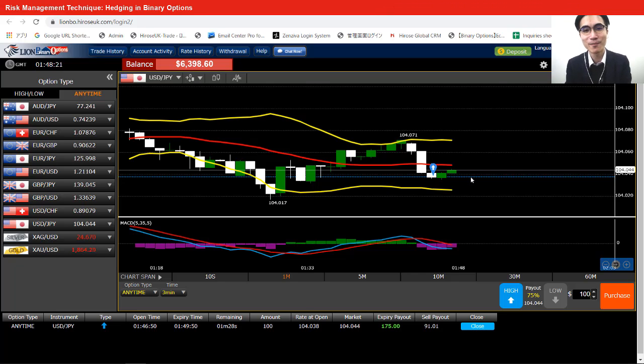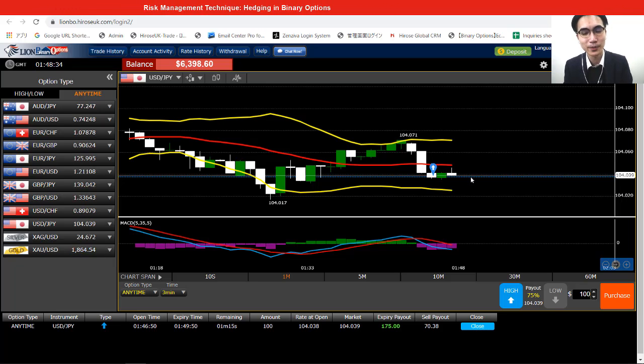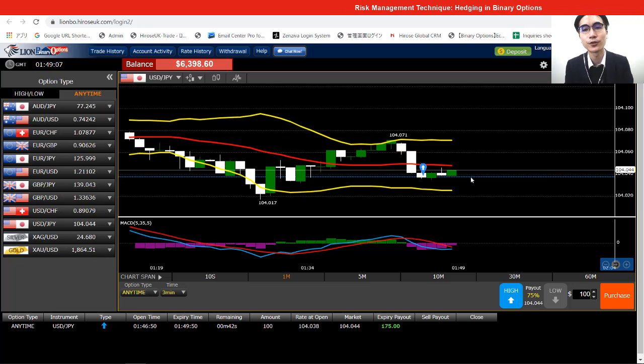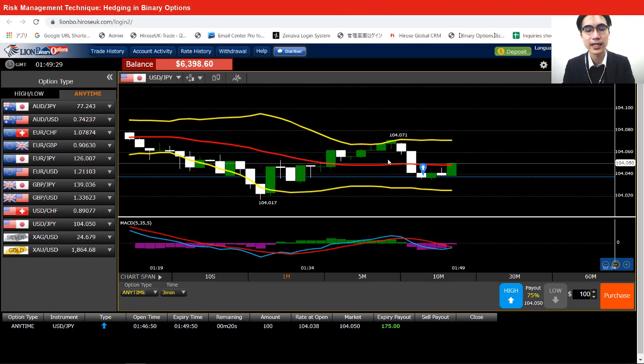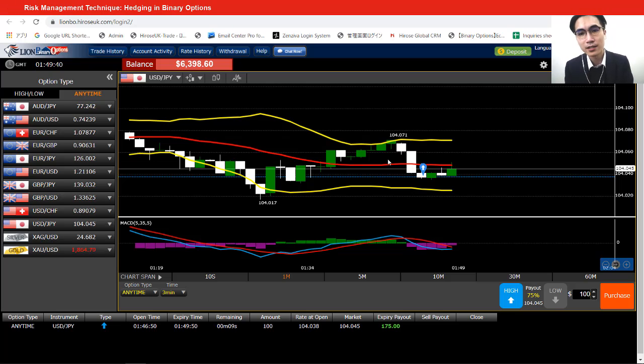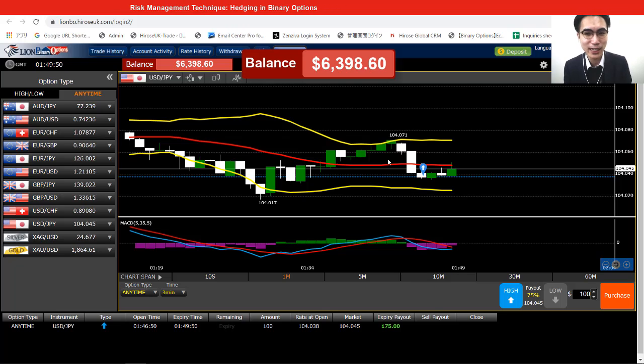If I make both of these trades in profit, I will be making $150 profit. That's another benefit of hedging: a chance for you to end both trades in profit if they end in the area that is overlapped. Now the second trade has ended in profit as well.